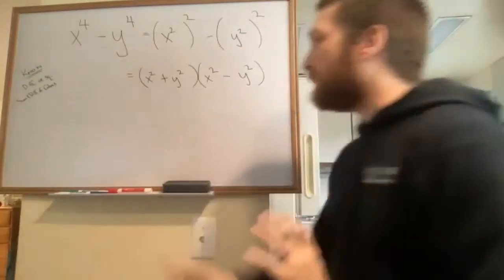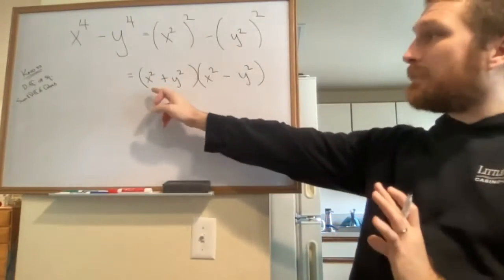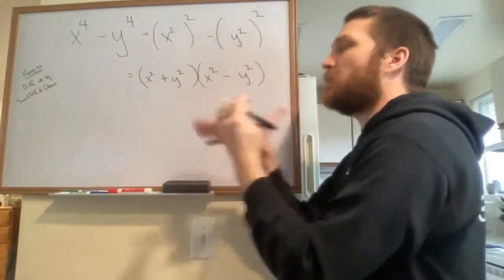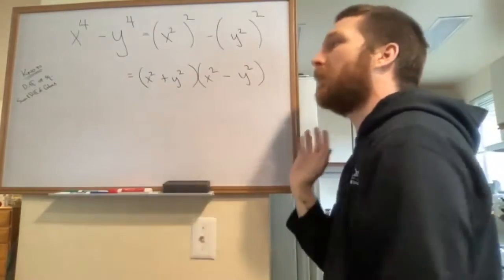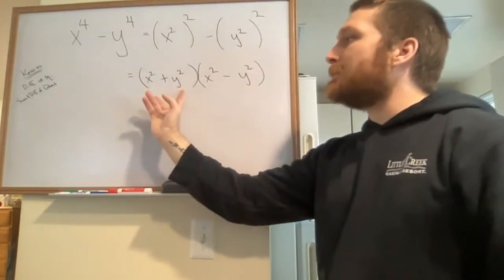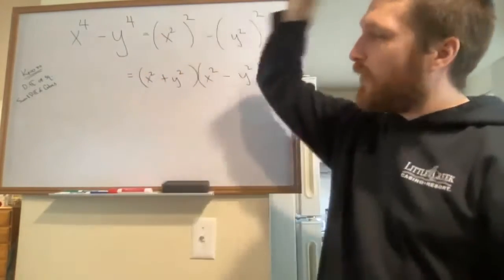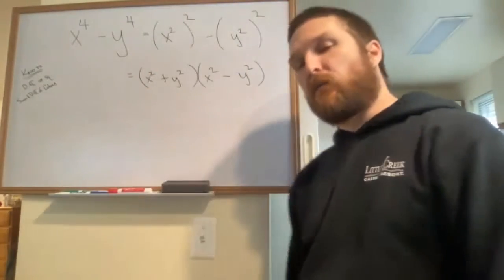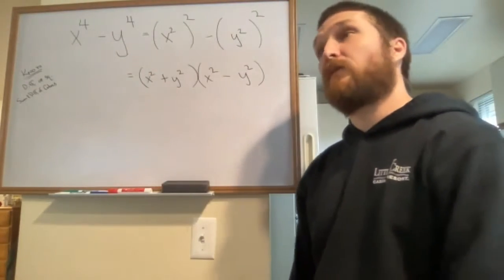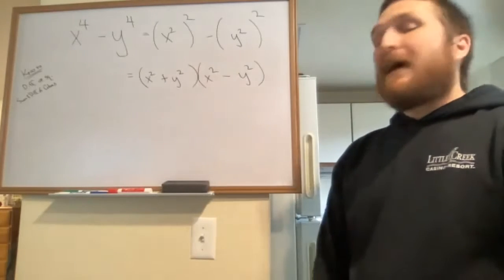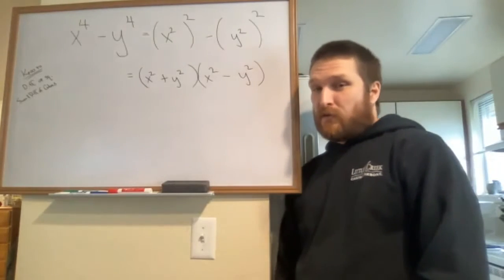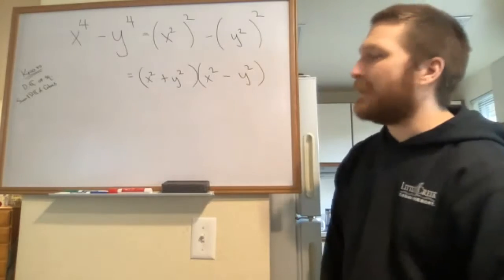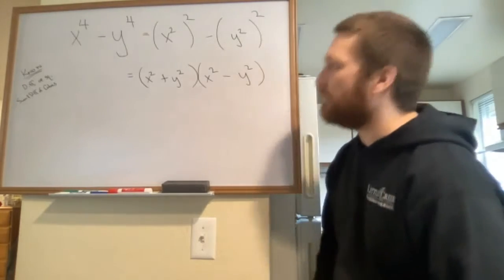That is, if you have something to the third power plus something to the third power, then you can manipulate that guy and break him apart. But sums of squares are done. As soon as you see a sum of squares, it is done. You do not need to worry about a sum of squares. A difference of squares, though, we should be able to factor.